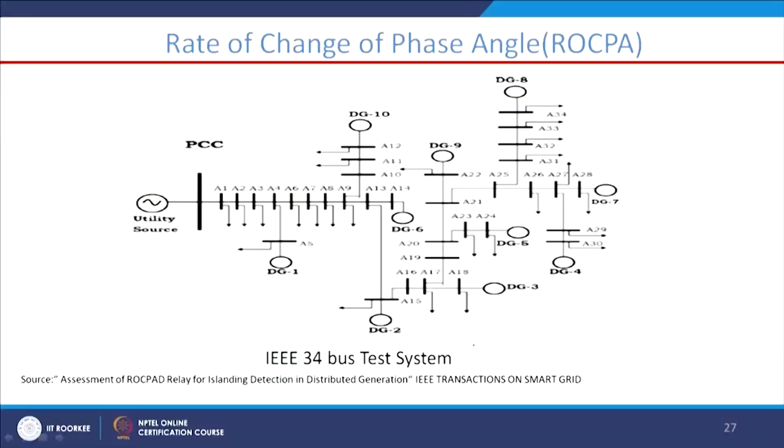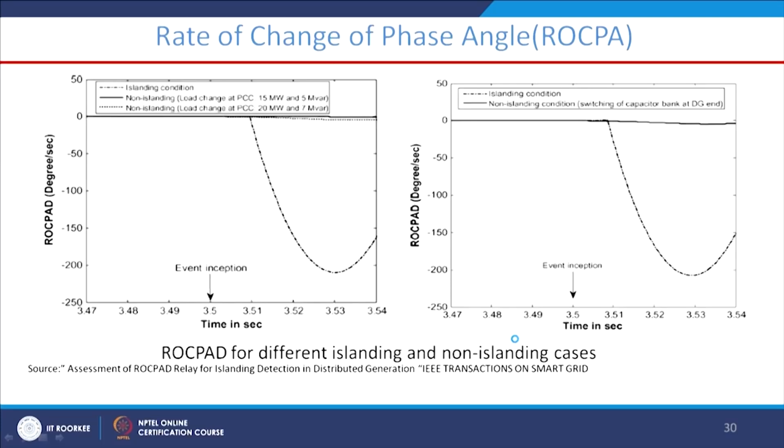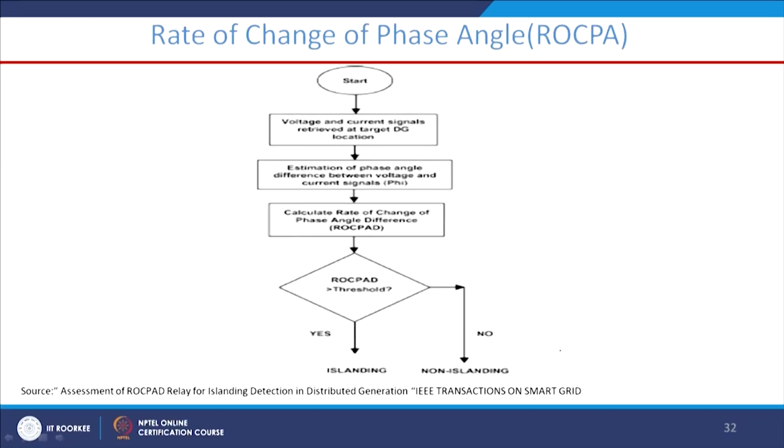Another technique is rate of change of phase angle, that is ROCPA. I will go directly to this flow diagram. Here the voltage and current signals are retrieved at the target DG location. After getting these voltage and current signals, the phase angle between them is calculated, and then the rate of change of phase angle difference is calculated.